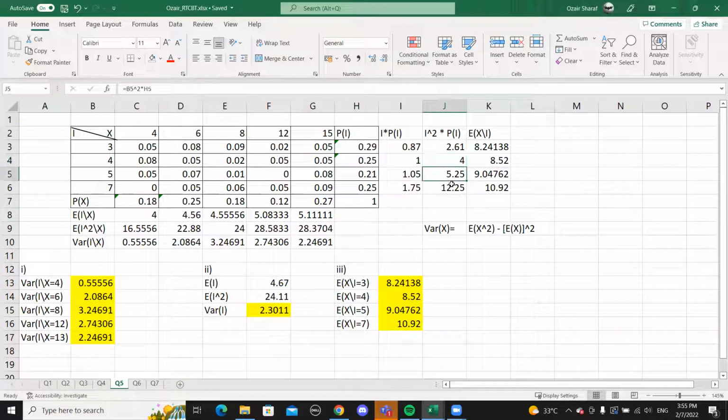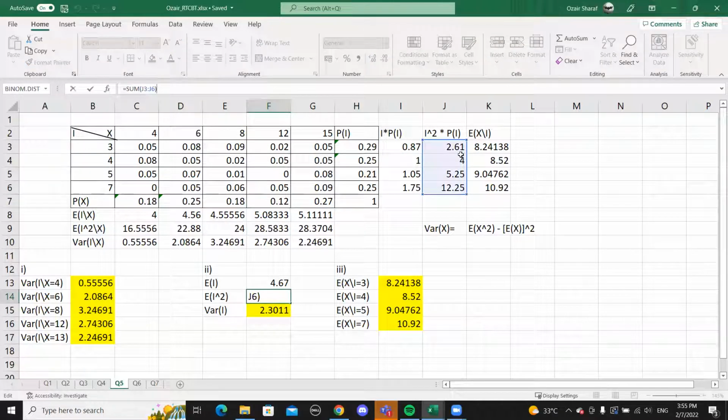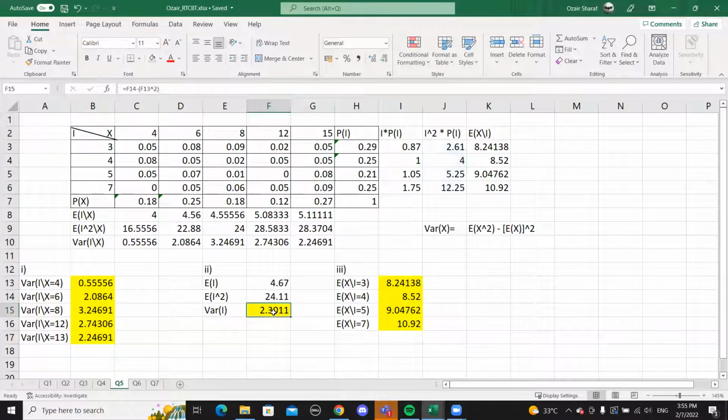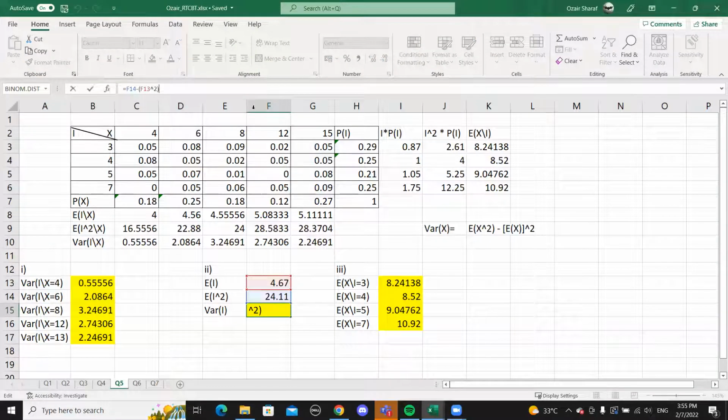Then so on and so forth. So the expectation of I squared is simply the summation of these four values. And to find the variance is simply 24.11 minus 4.67 squared, as you can see in the formula.